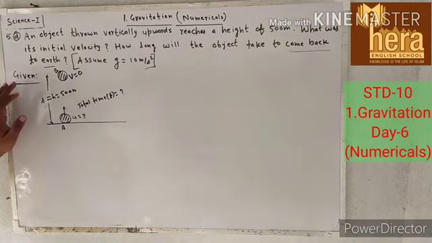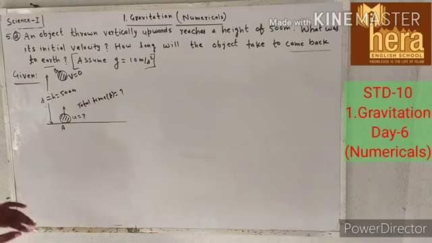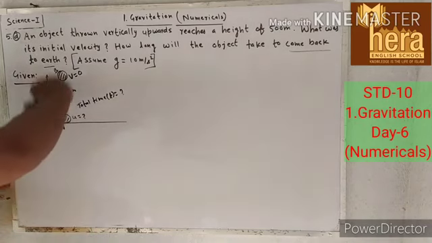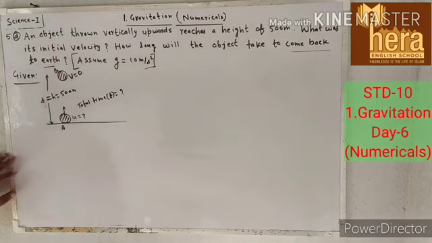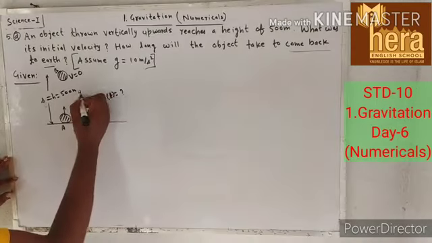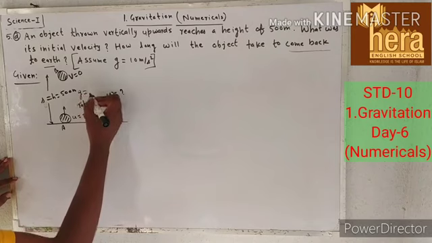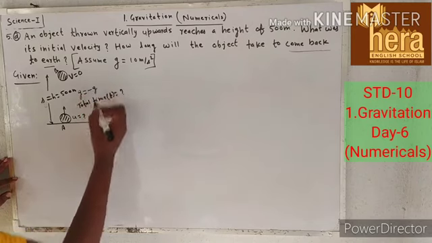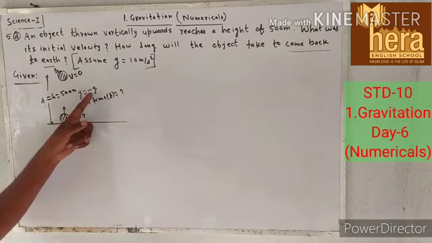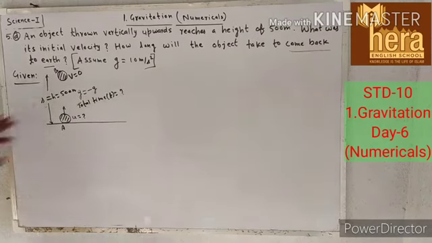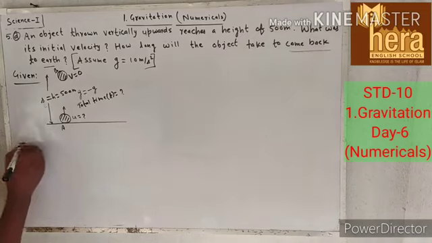Given: in this case, for vertically upward direction, at the place of g we have to put minus g. This is important, otherwise the answer will be wrong.